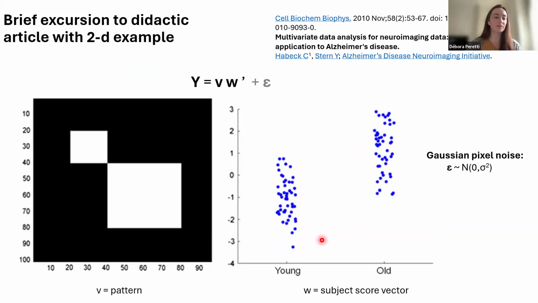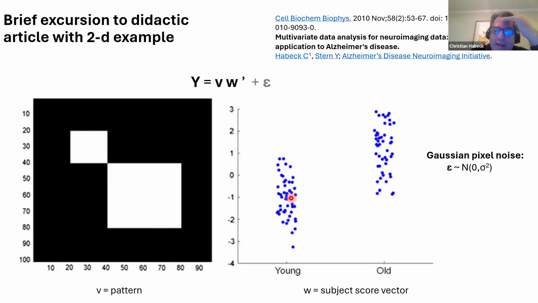So, no questions. This is a brief excursion, and it's very quick, just to show how PCA works, and sometimes it's easier to see in a 2-dimensional example with pixels. But imagine you have this pattern in the data, again, totally hypothetical data. You have these two adjoining squares of strong loadings, and they're surrounded by zero loadings.